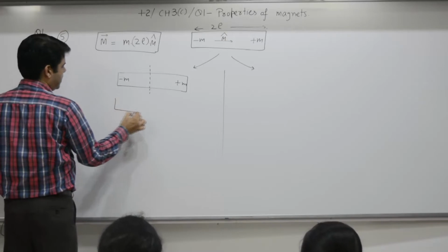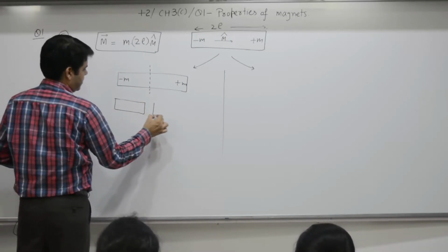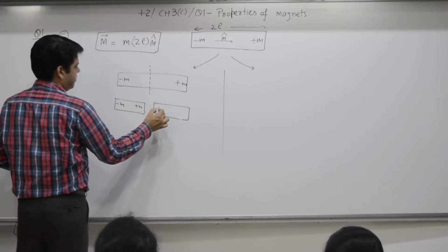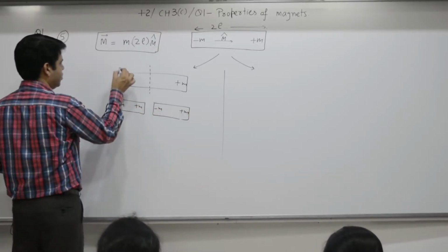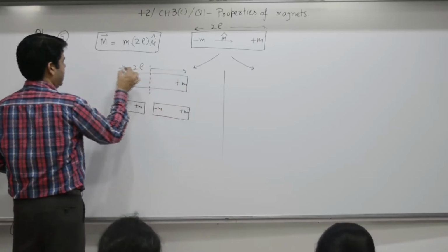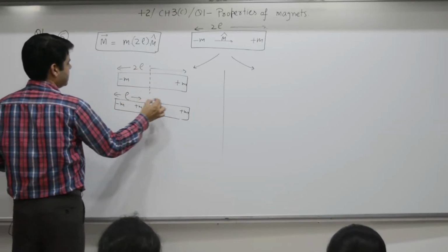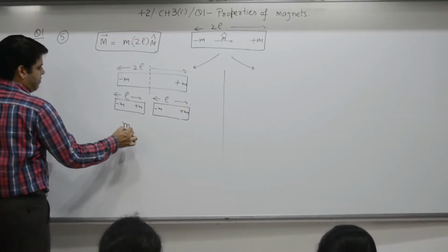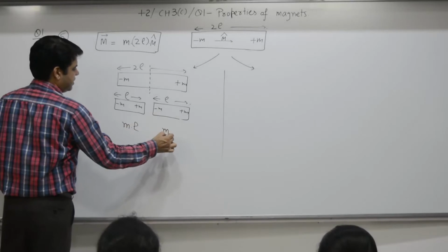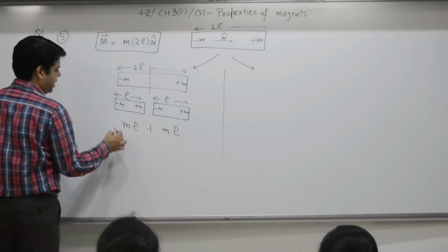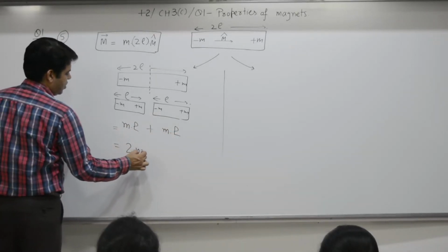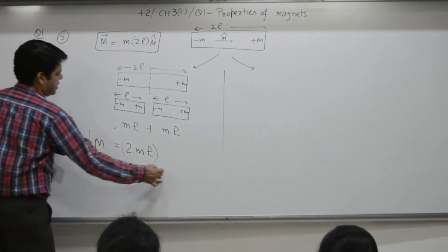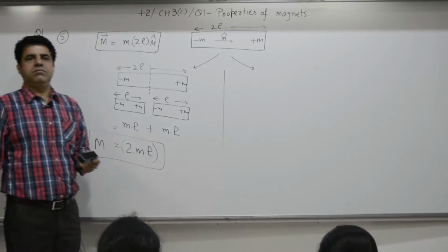When you cut it, what you get is minus m plus m, minus m plus m. The total length was 2L, this is L, and this length is also L. What is the magnetic moment of this part only? M into L. What is the magnetic moment of this second part? M into L. Total is 2mL. So, total magnetic moment remains the same.